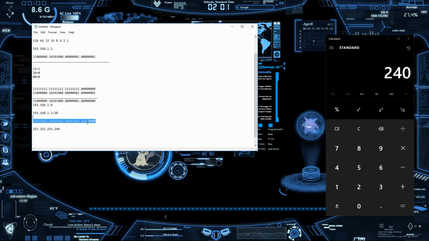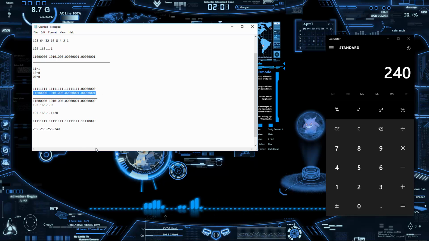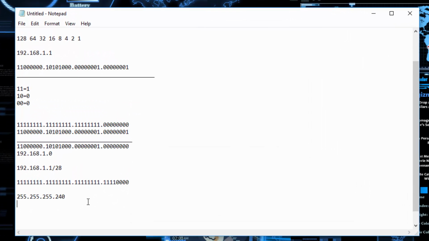Let's go ahead and copy the 192.168 binary and put it down here in the new subnetting.